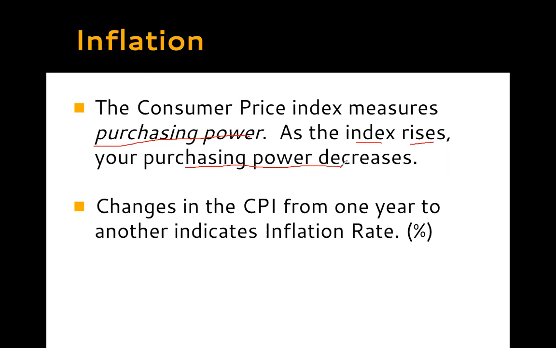Okay. Changes in the CPI from one year to the next indicate what we call the inflation rate, and that's typically written as a percentage. So the key thing you need to see here, and I'll show this to you again in a second, you're going from the market basket, and you're using that market basket to calculate CPI.